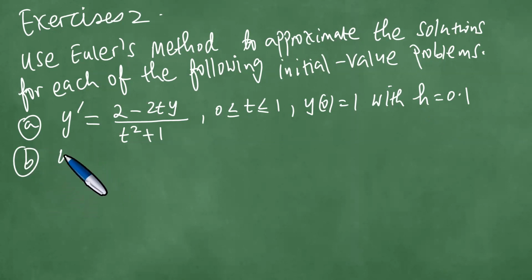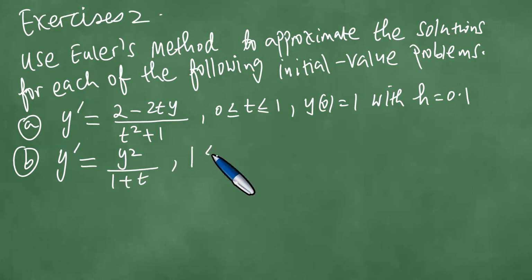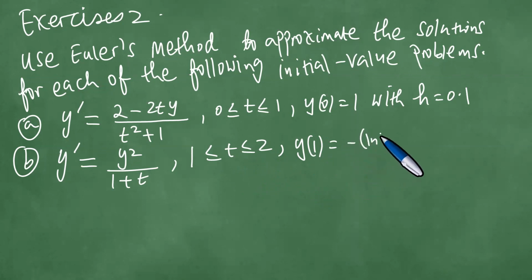Right, you have y squared, 1 plus t, y at 1, then 2.